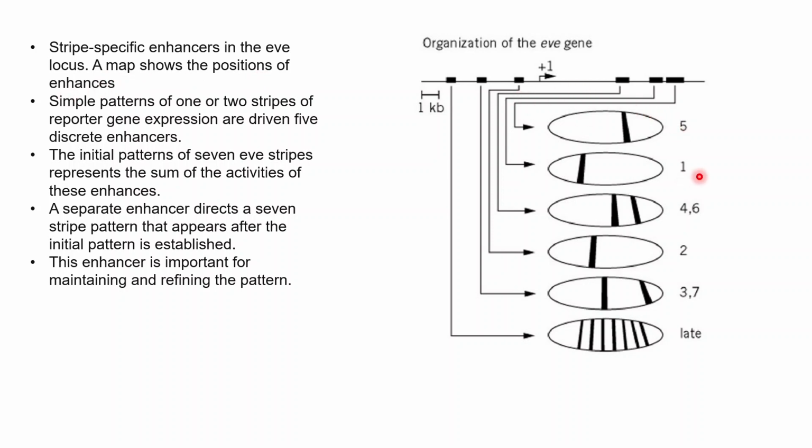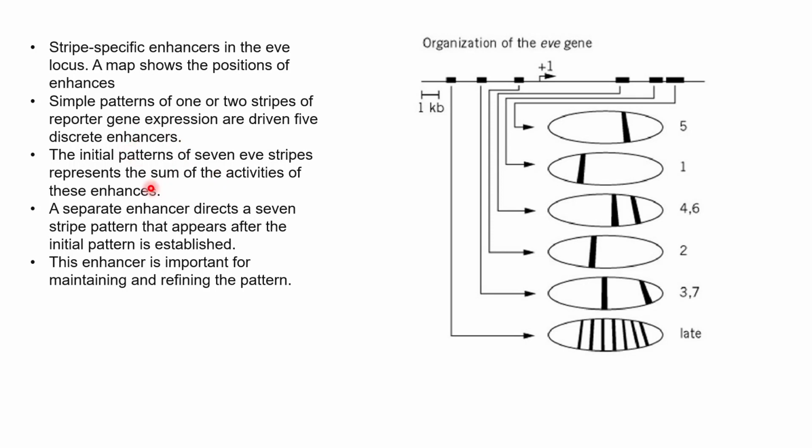Again here, this shows the stripe 5 enhancer, stripe 1 enhancer, 4 and 6 enhancer, 2, 3, 7, and there are also late enhancers, which express in the late stage. Simple patterns of 1 or 2 stripes of reporter gene expression are driven by 5 discrete enhancers. So there are discrete enhancers. The initial pattern of 7 EVE stripes represents some of the activity of these enhancers.